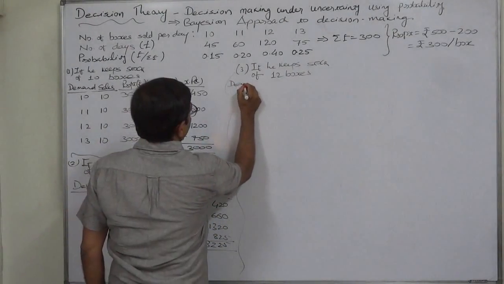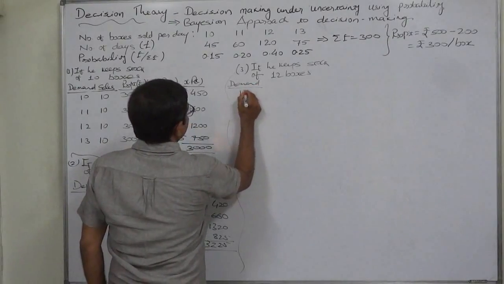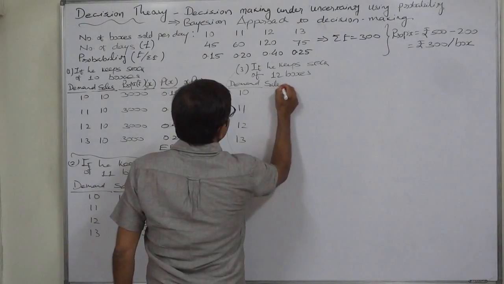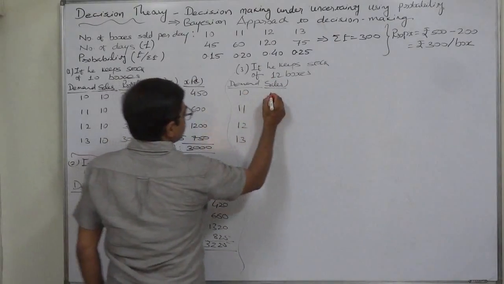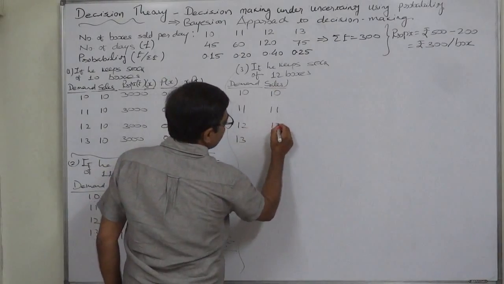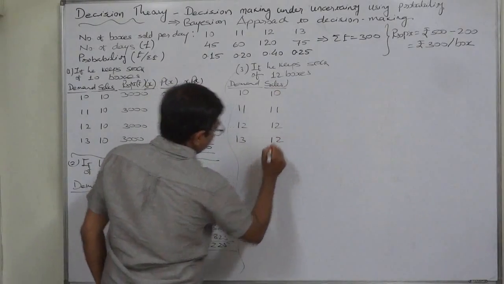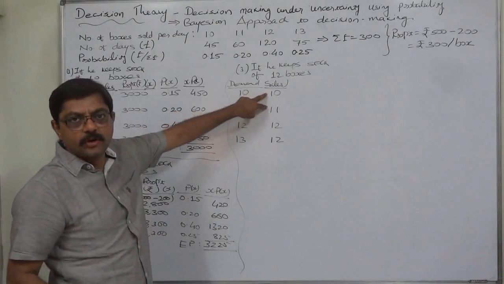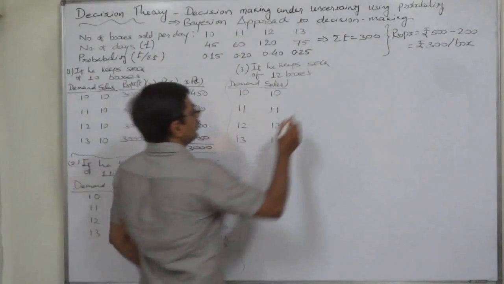Demand will be 10 or 11 or 12 or 13. Sales will be 10 or 12, whichever is lower, 10, 11 or 12, whichever is lower, 11, 12 or 12, 12, 12 or 13, whichever is lower, 12. But in these two cases, he has to write off the stock of unsold boxes.